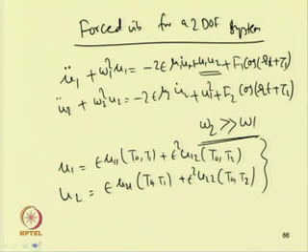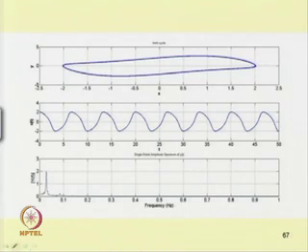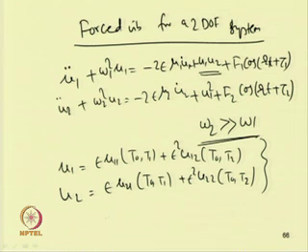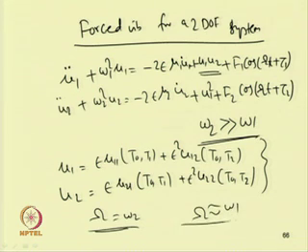For example, one can take the resonance condition of omega nearly equal to omega 2, or omega nearly equal to omega 1. Also one may consider the resonance condition of combination of omega 1 plus omega 2.